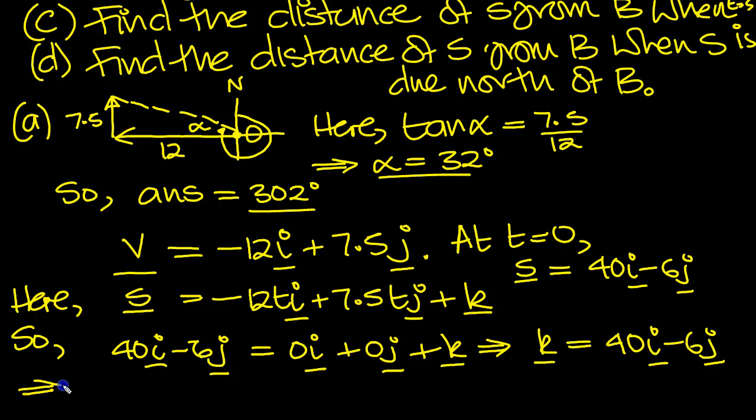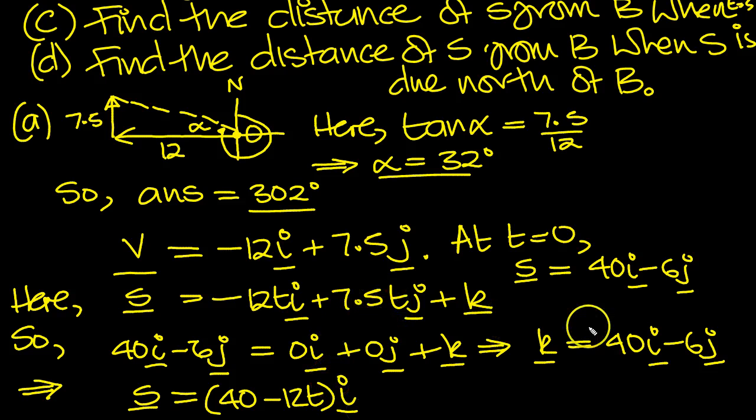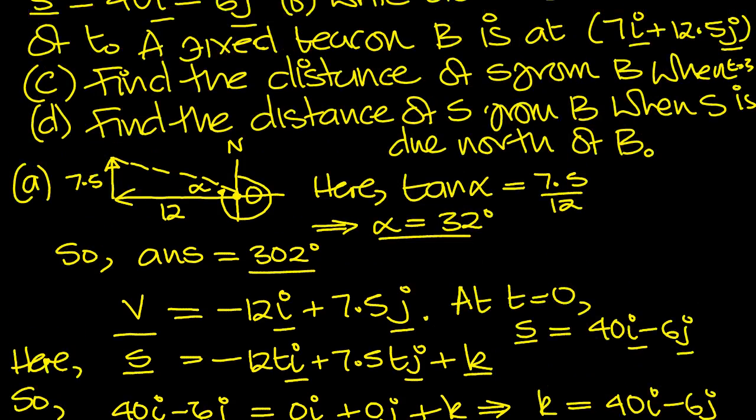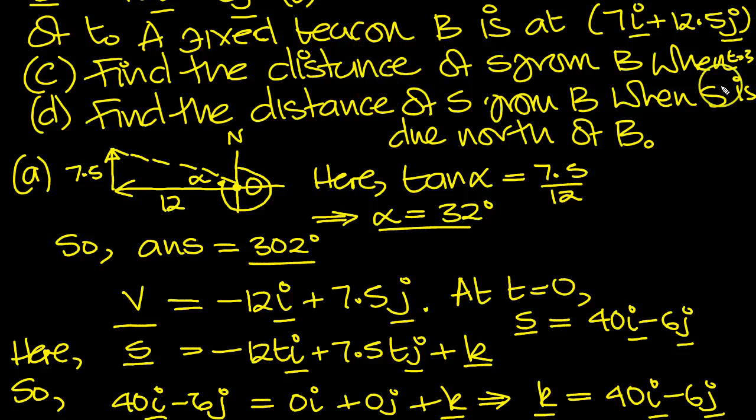So that tells us what s is in general. Here it is. So the k vector 40i, minus 12t, so that's 40 minus 12t. Lots of i, put them together. And we've got 7.5t minus the 6 lots in the j direction. So there's our position vector for s, which we've done.